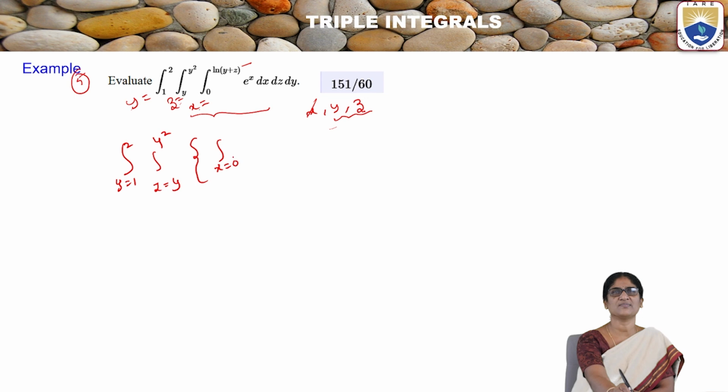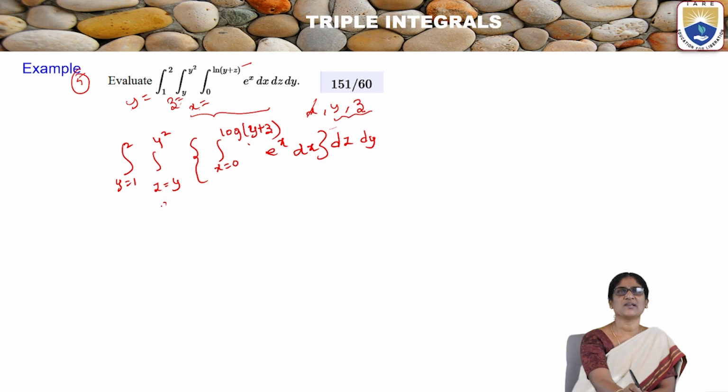x raised from 0 to log of y plus z into e power x dx, and the rest of all you put it outside, dz dy. So integral of e power x.